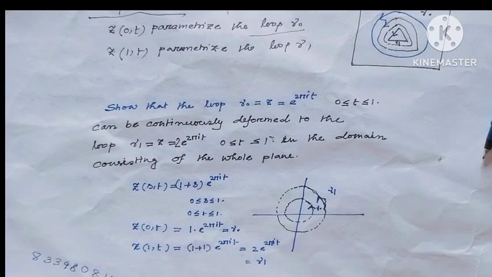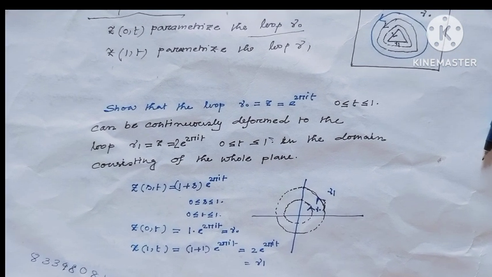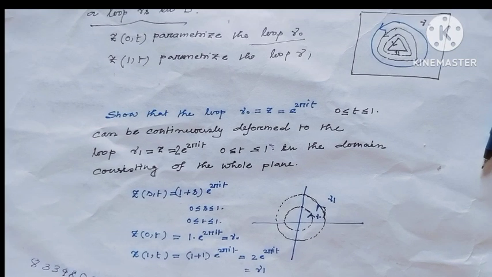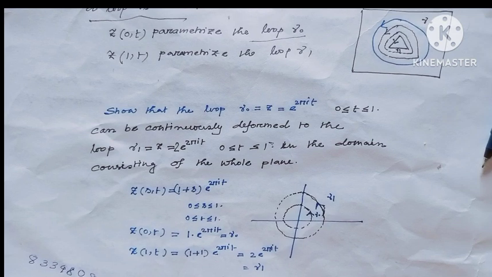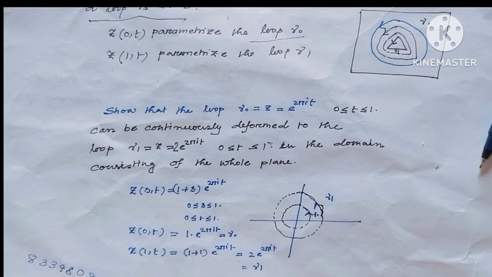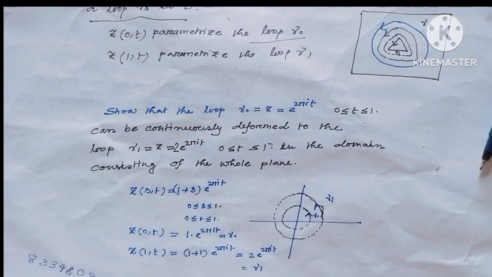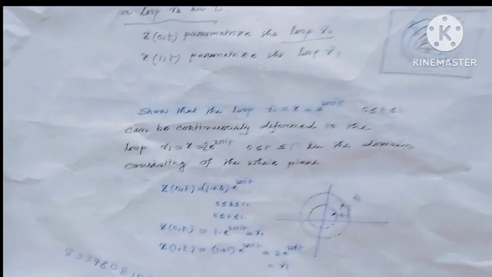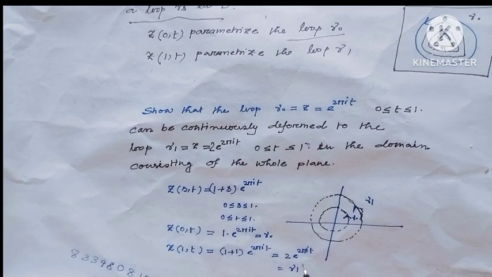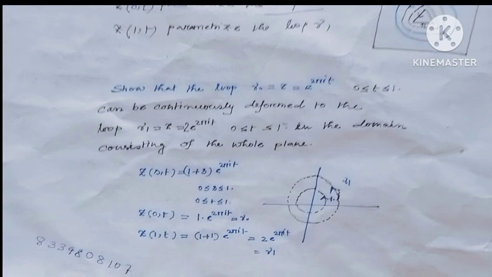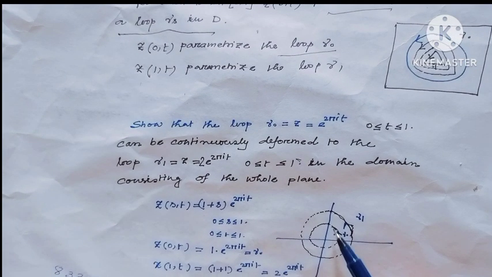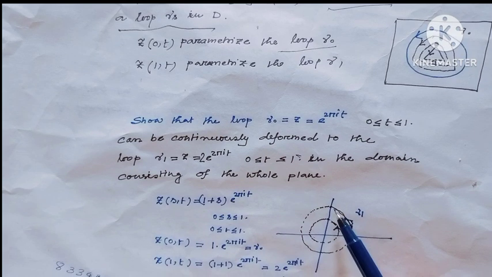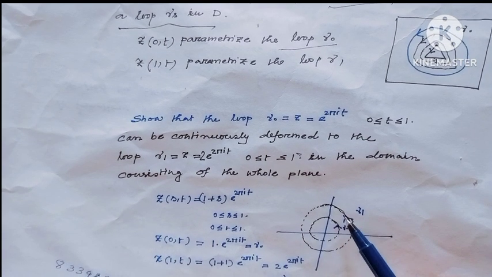Then z(0,t) equals 1 times e^(2πit), which is equal to gamma 0, and z(1,t) equals (1 + 1)e^(2πit), which is equal to 2e^(2πit), and this is actually gamma 1. Here notice the circle deformed into a new circle.